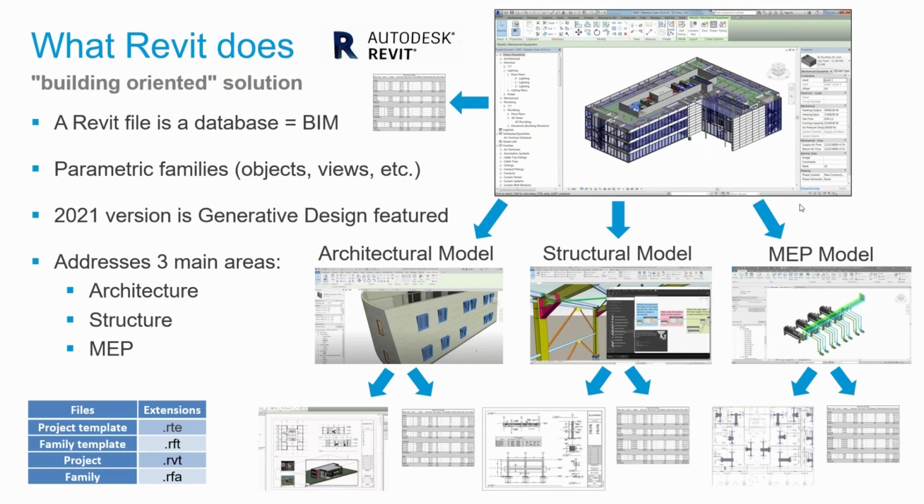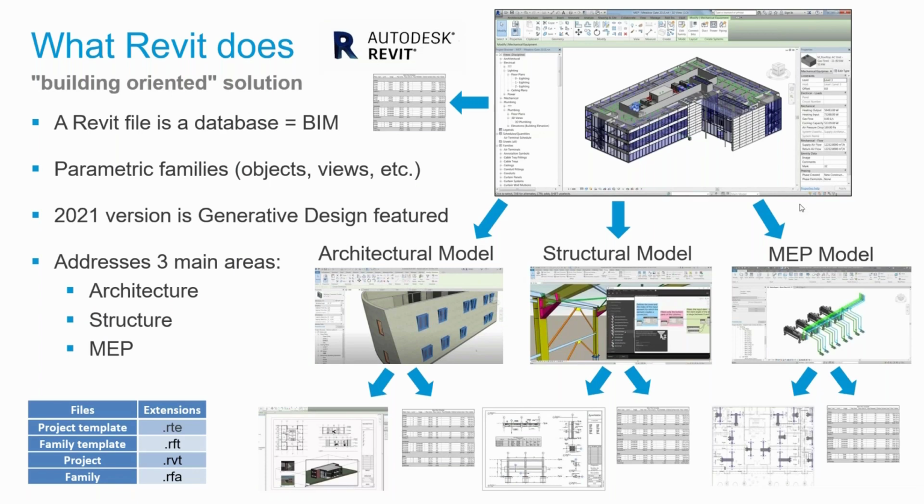We used to have 3 different flavors of Revit, and since Revit 2016, we have the ability to have one single Revit, aggregating architecture, structure, and MEP. It's the Revit one box, and Revit itself is a database. It's a BIM product. So when you design something, you will have a lot of information behind that thing. It's parametric. All the objects are almost parametric, especially families, views as well. Everything is parametric.